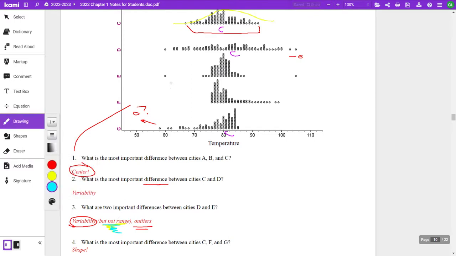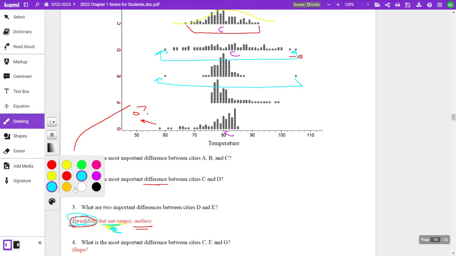So our range is our maximum minus our minimum. So if we look at that, we go here to here. Now, our variability here is a big time difference. Let's go to a different color. Let's go to purple on that one.